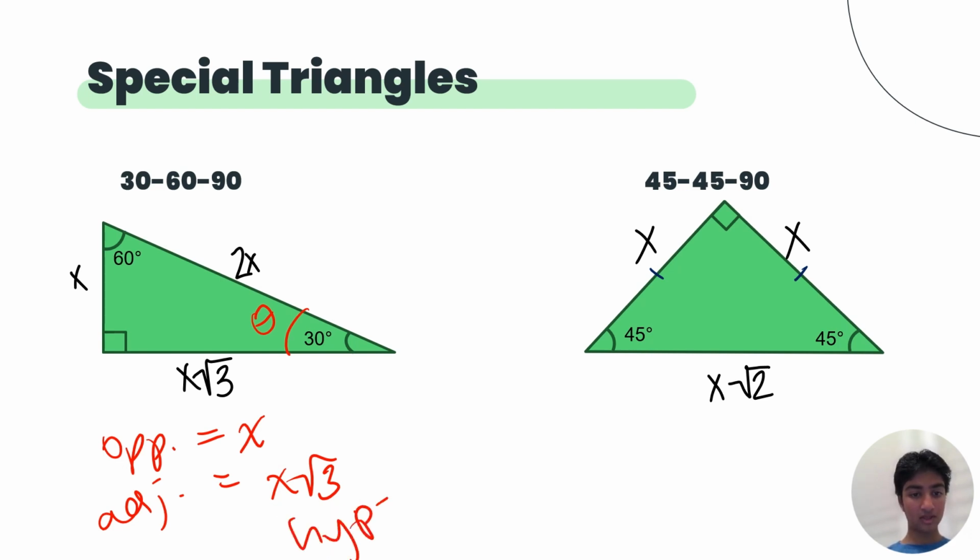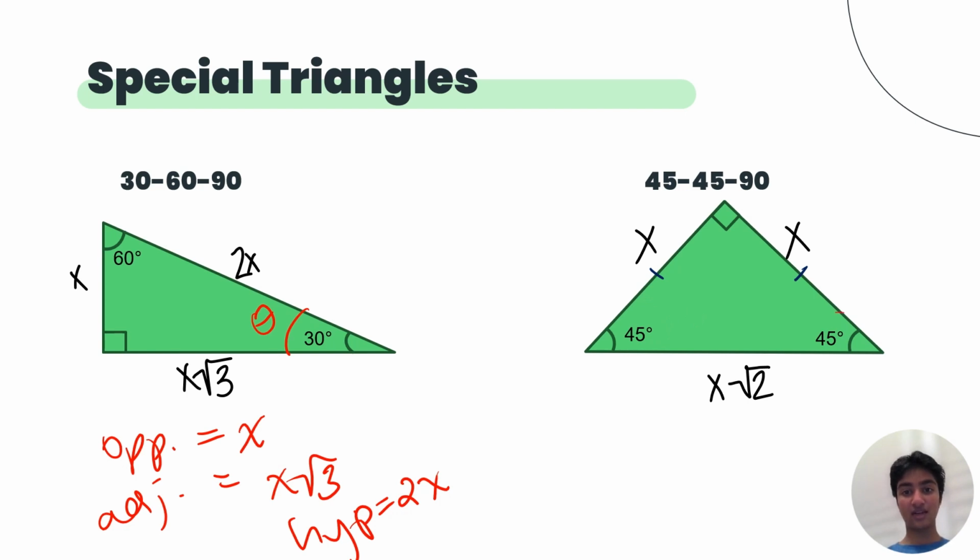Okay, so 45, 45, 90 triangle. This is an isosceles triangle, as you can tell, because two of the sides are equal and two of the angles are equal. So let's use this 45 degrees. And honestly, in this case, it does not matter, because both the angles are the same.